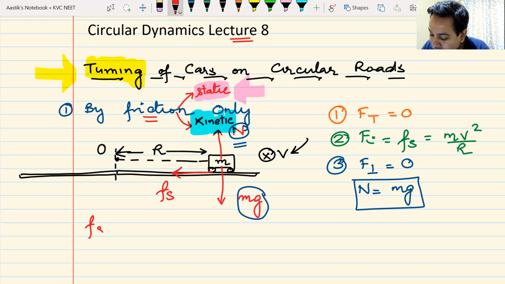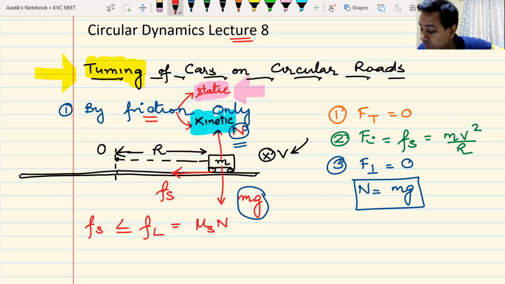F static is always less than or equal to F limiting friction. And F limiting is always equal to mu s into N. Do we understand this? Do we remember this? The value of static friction is not fixed. It keeps on changing.